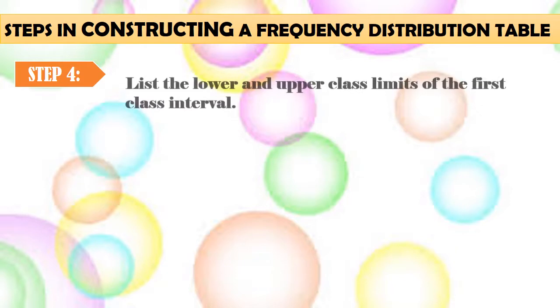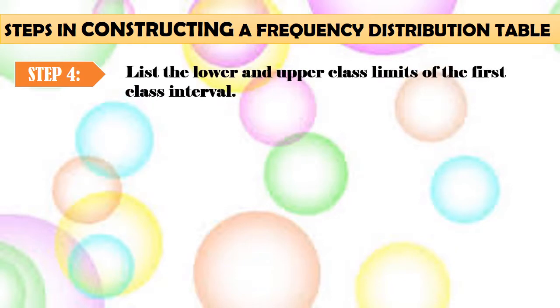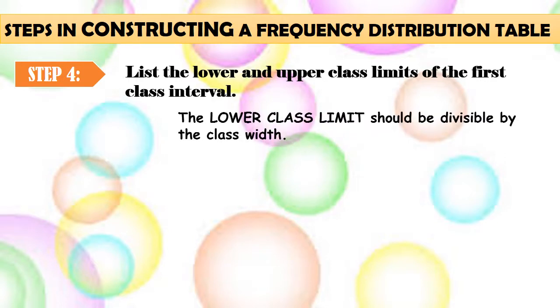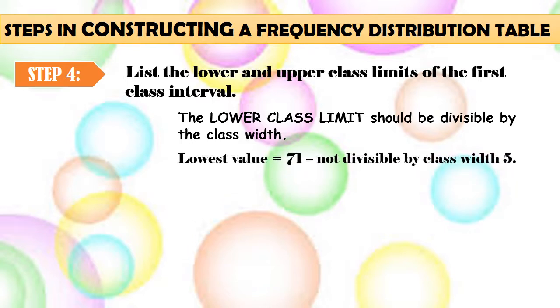Step 4. List the lower and upper class limits of the first class interval. In listing the lower class limit, it should be divisible by the class width. We know that the lowest value is equal to 71, which is not divisible by our class width 5.